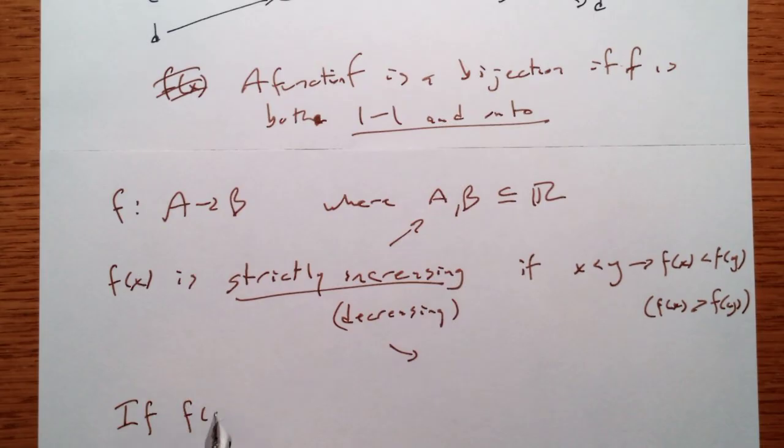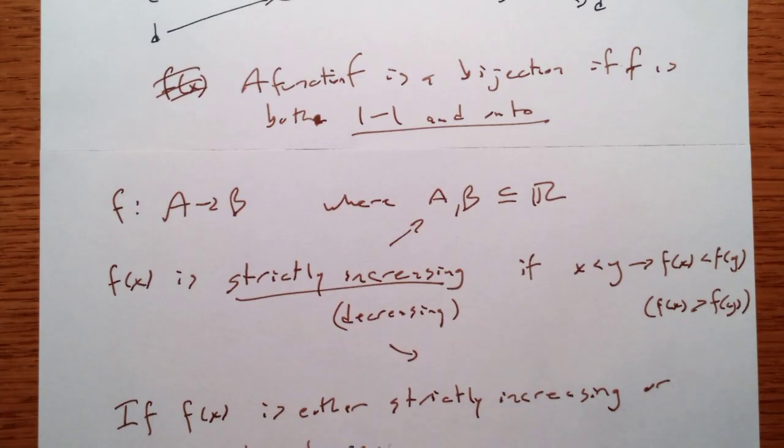If f of x is either strictly increasing or strictly decreasing, we'll call that a monotone function.